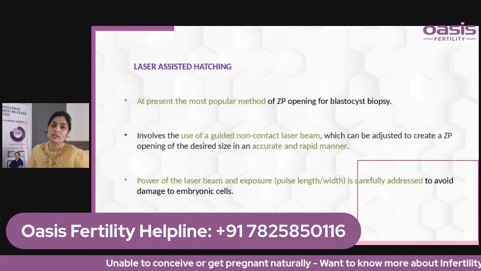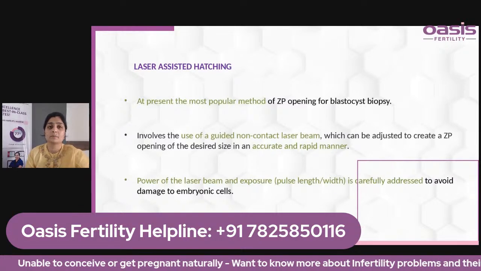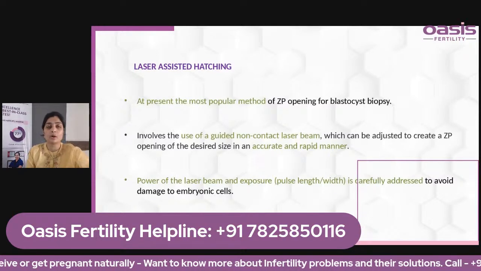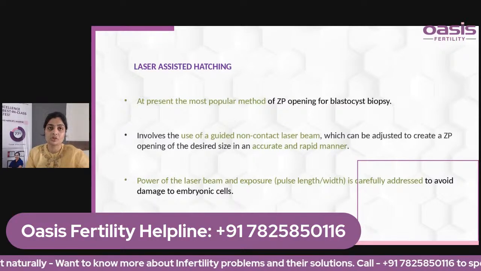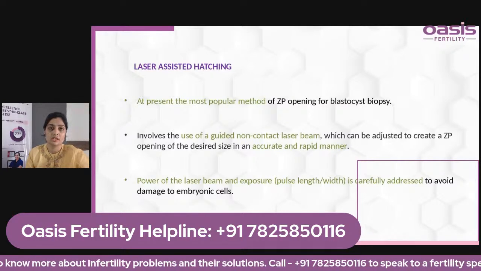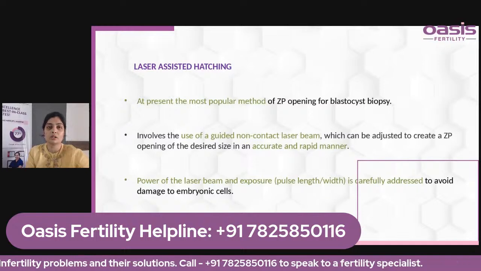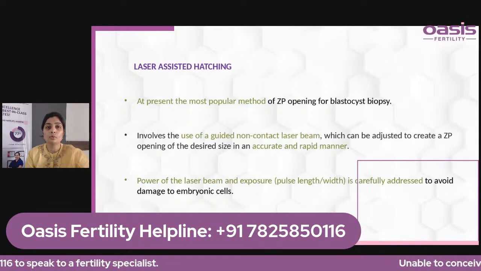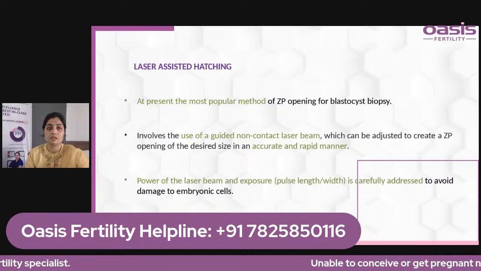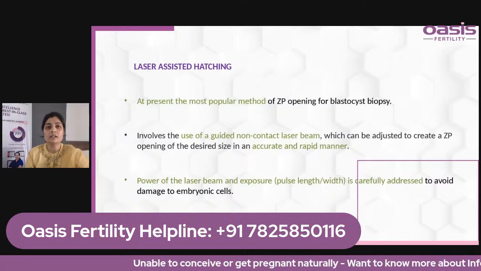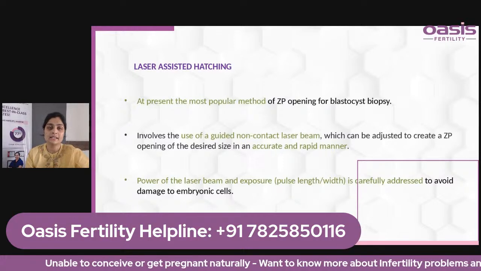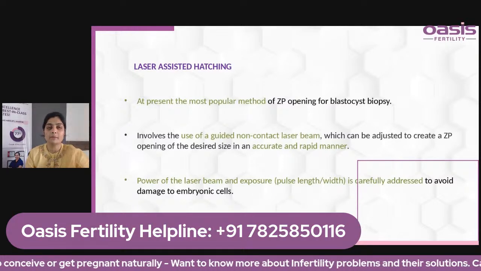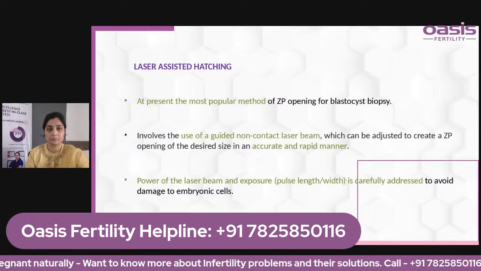So, how is the procedure done? There are many misconceptions around us, like whether the embryo gets damaged during the biopsy, and how the procedure is done exactly should be known when you're undergoing that testing. Usually it is laser assisted hatching. We use a laser beam to make a hole in the zona pellucida, which is the outer coverage of the embryo, and then cells are retrieved and sent for testing, and the embryo remains back in the laboratory, frozen.